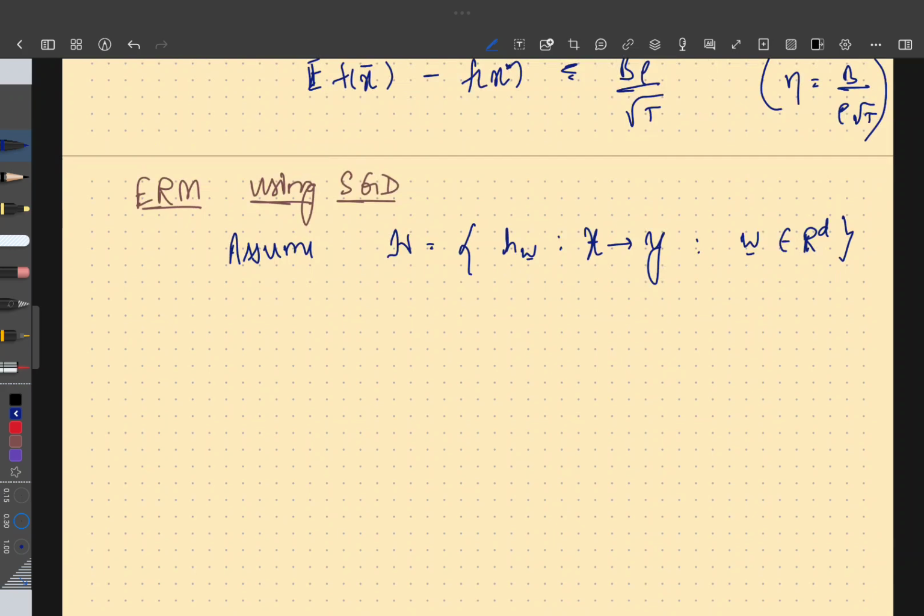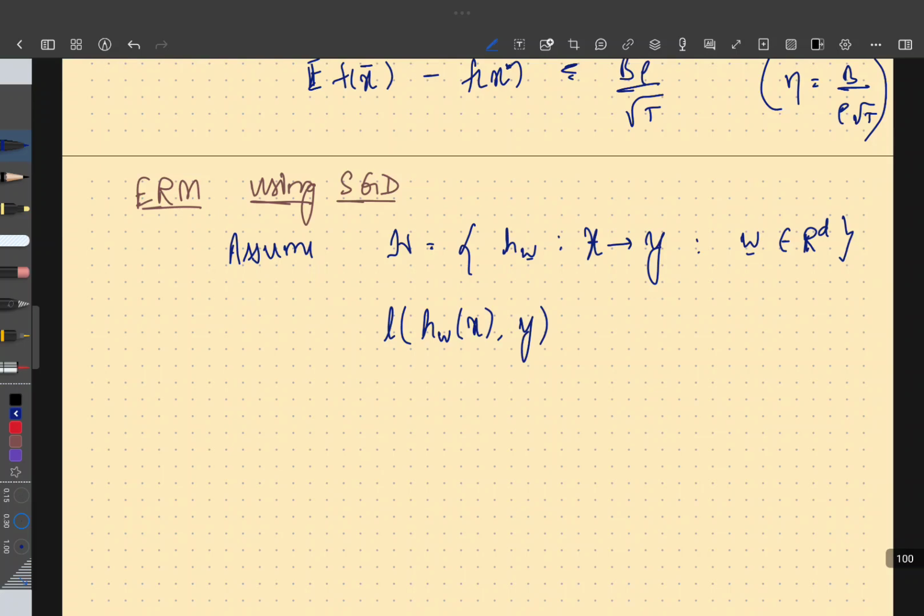So the fundamental assumption is that these free parameters that we have belong to some d-dimensional Euclidean space. That's what we need. And we'll also require the loss function. All right, so h_W(x) is the prediction made by the predictor h_W. And for now, I don't really require this to be a binary classification problem.